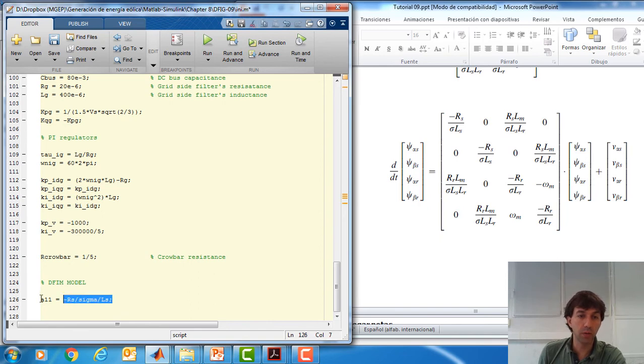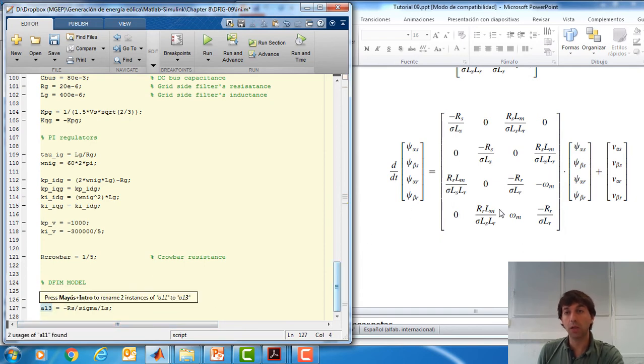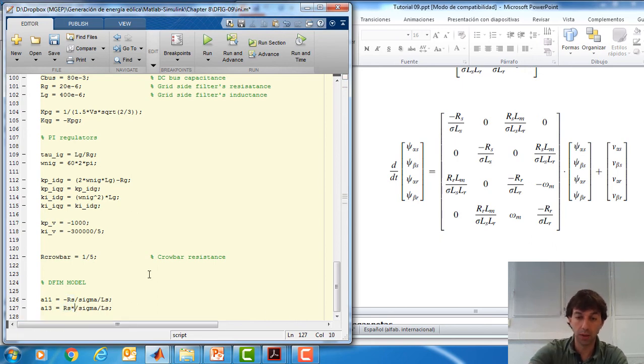A13 is going to be something similar, but not the same. A13 is going to be plus RS multiplied by LM divided by sigma divided by LS and divided by L.